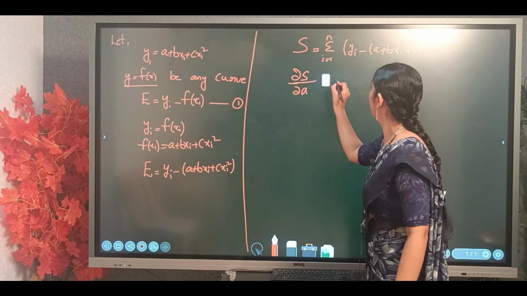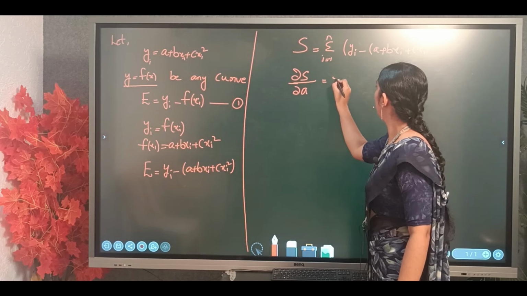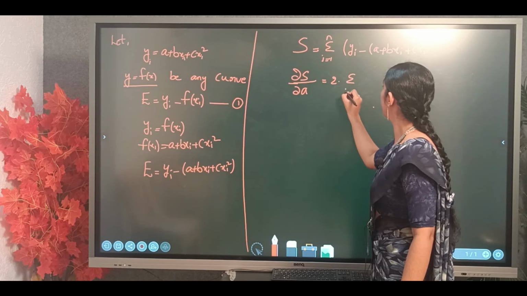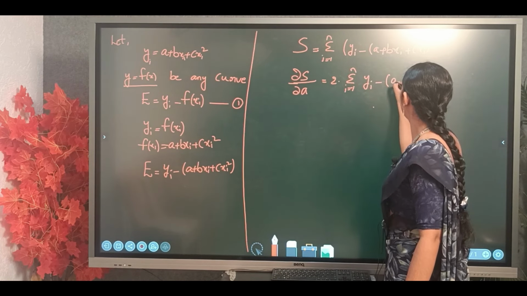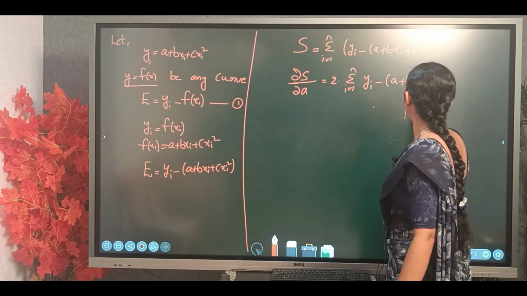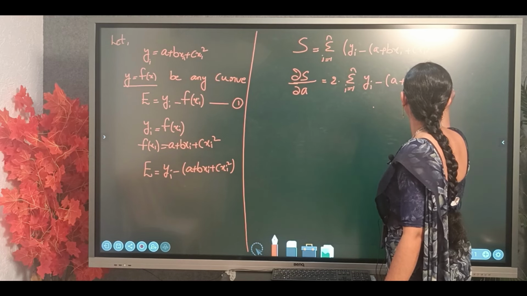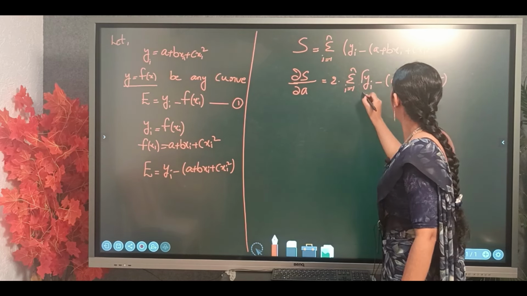So 2 into summation i is equal to 1 to n of yi minus (a plus bxi plus cxi square).